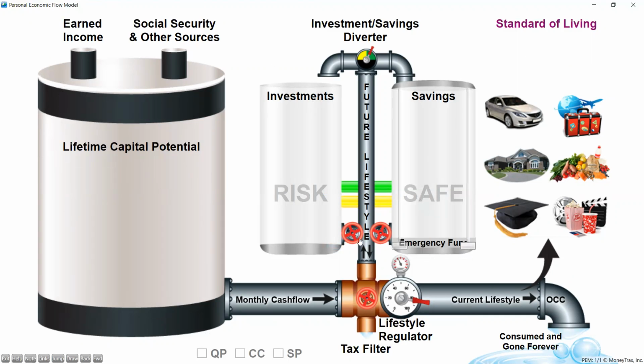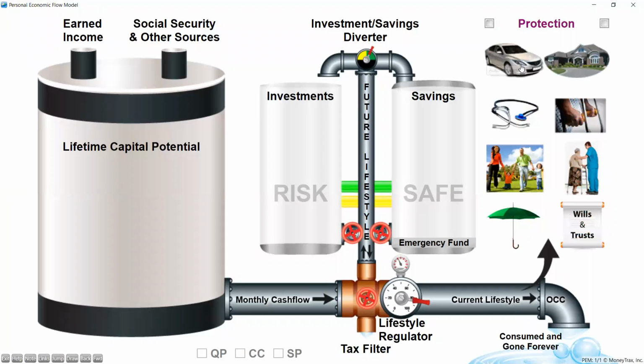And then we have standard of living: your car, your entertainment, your home, your food, education costs. Then you have your protection that everybody needs in order to have a proper personal economy: auto insurance, home insurance, medical coverage, disability, life insurance, long-term care, umbrella, wills, and trust.